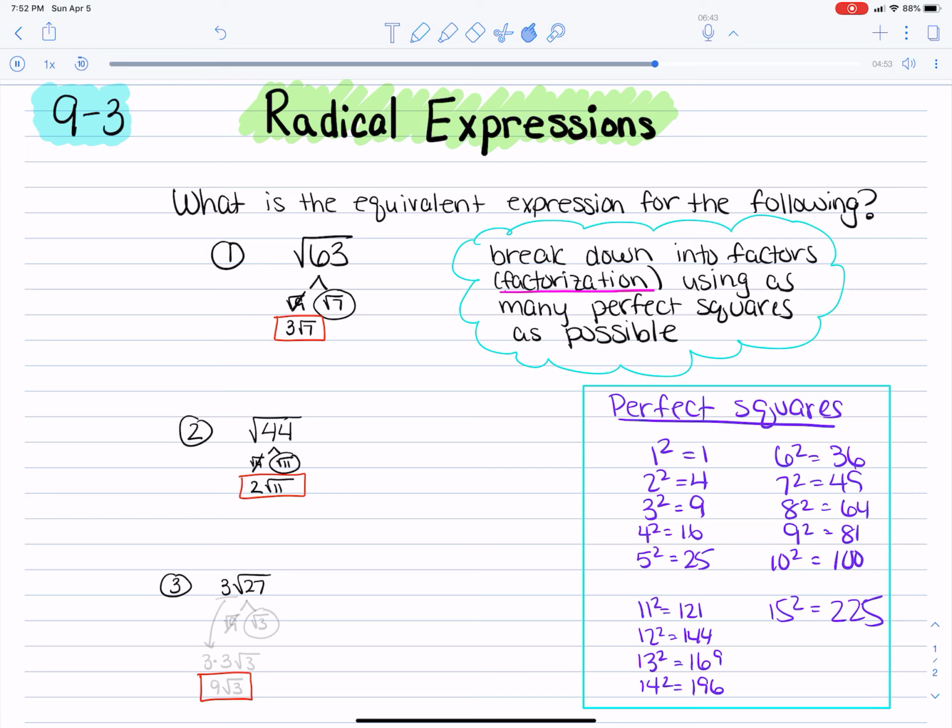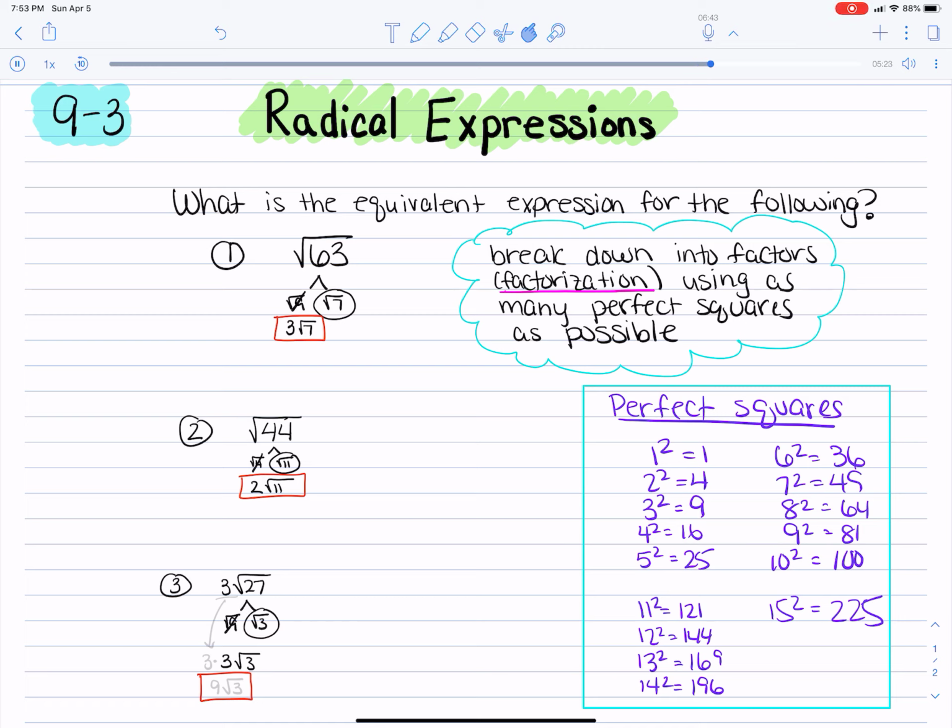So we're going to factor inside. I get 27, well, what are two factors that make up 27, and I want one of them to be a perfect square? Well, that's going to give me radical 9 times radical 3. Well, we know that 9 is a perfect square, so that simplifies to 3, where this radical 3 I can't reduce anymore, so that stays on the inside.